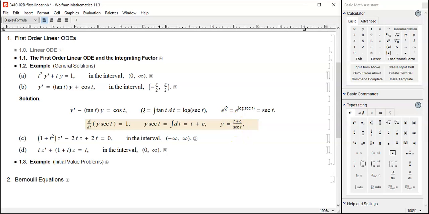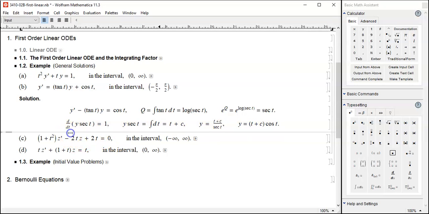What is secant? Secant is 1 over cosine, so it should be written as y equal to t plus c cosine of t. Oops. Does it look good? Is everybody happy? Okay, let's check.